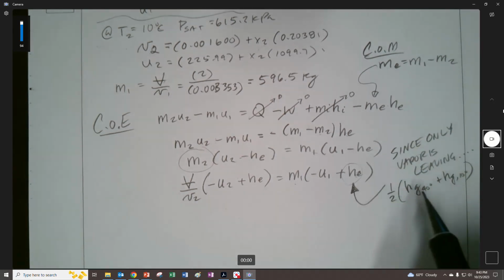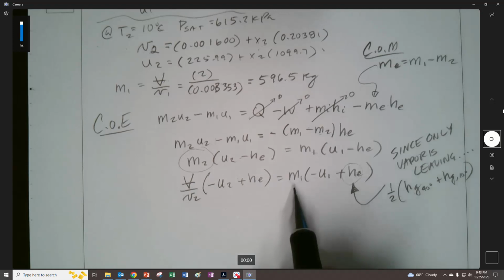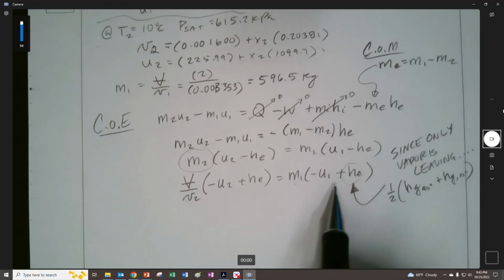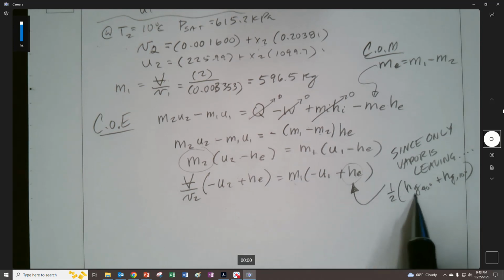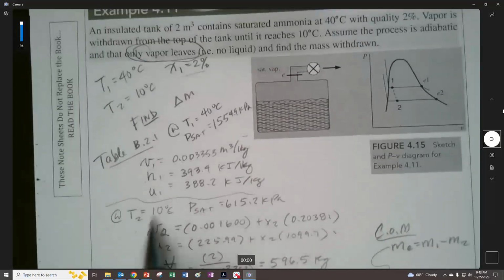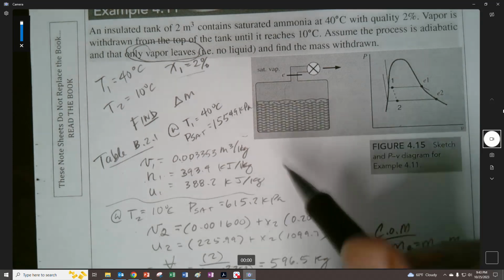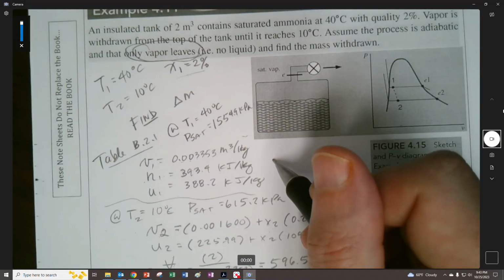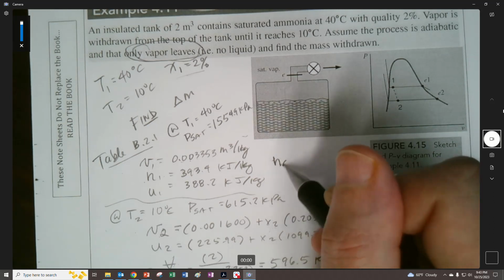But anyway, what that allows us to do is, because we have this number and we have this number, we're able to find these. We could look these up, just like when we were up here. I could also get Hg, right?